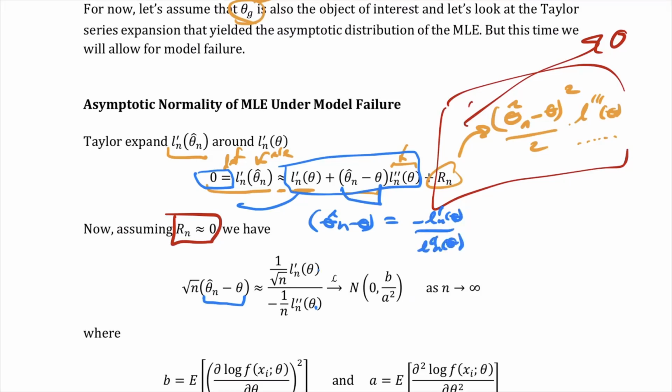Right? And then all I've done here is I've multiplied by a square root of n. I have the really cool square root of n here, if you remember that, right? Because I have 1 over the square root of n times 1 over n, which is equal to root n.